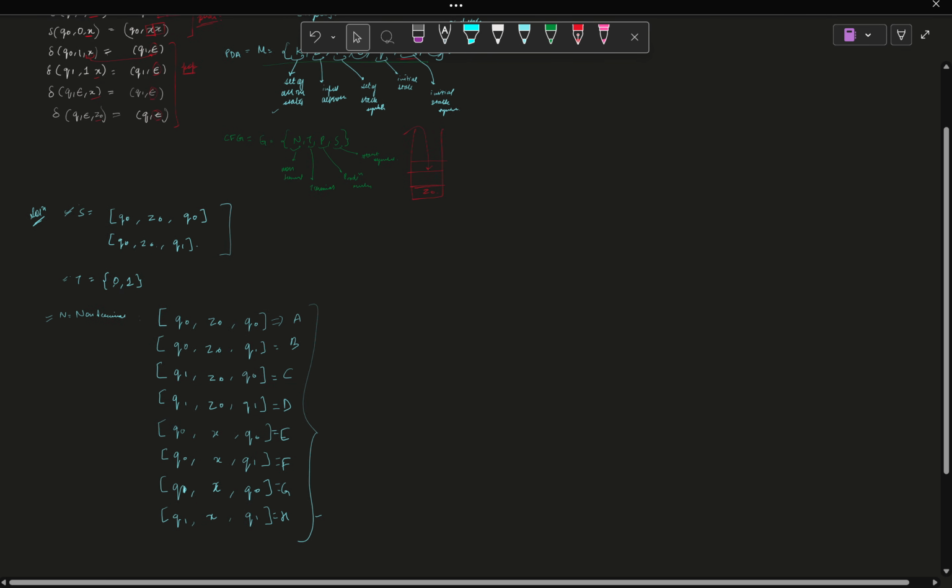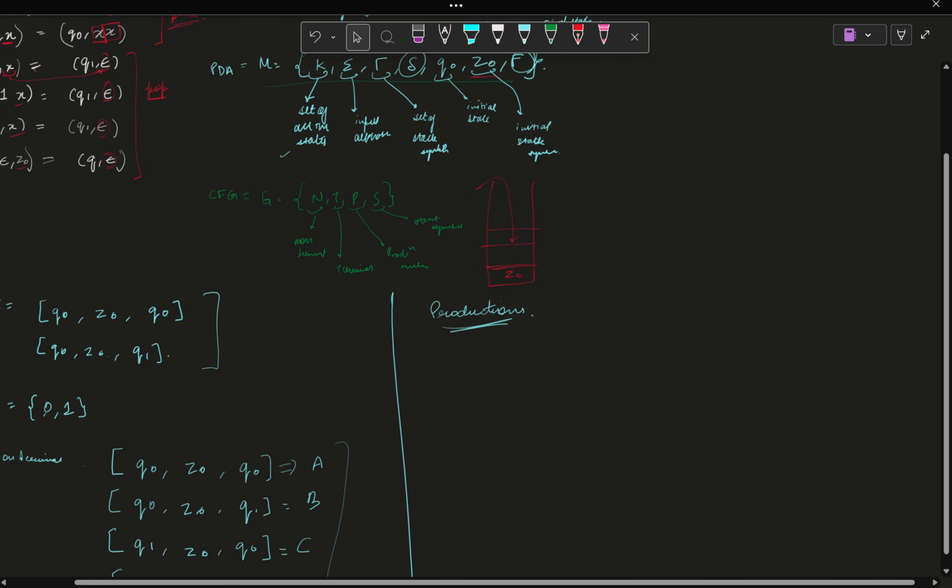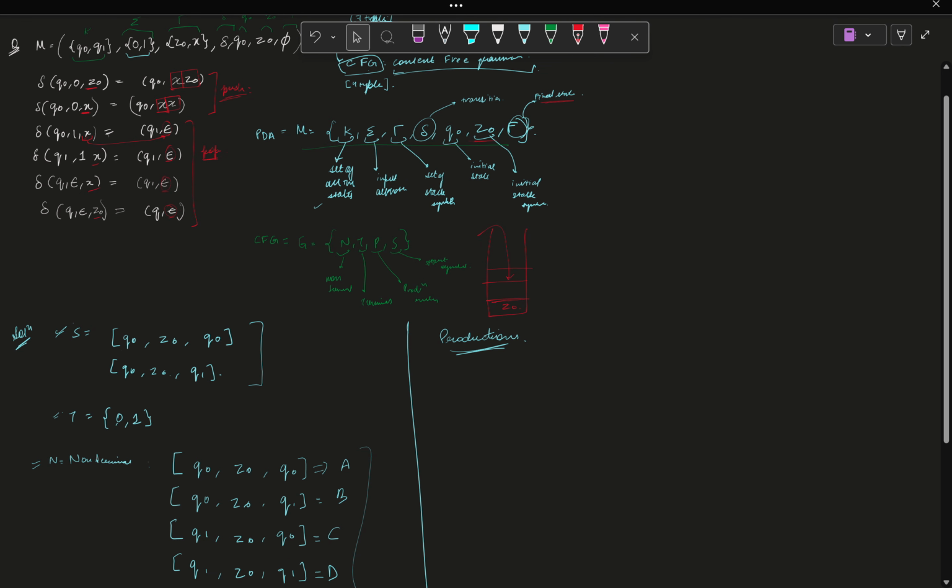Now let's move on to our production rules. Now these are the most important ones that we are going to be doing. Our production rules are the main part of our CFG. So the first thing that we are going to be tackling here is our push functions.